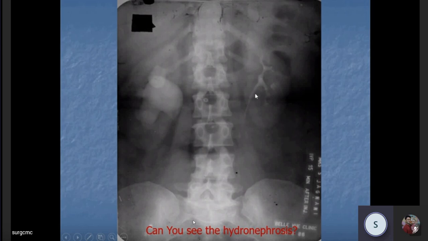Here, just now the question I was asked, this side there is a dilated pelvicalyceal system up to this. Here the pelvic junction is blocked. It is dilated. The kidney is enlarged. Renal shadow is quite big up to this. This is the renal shadow.